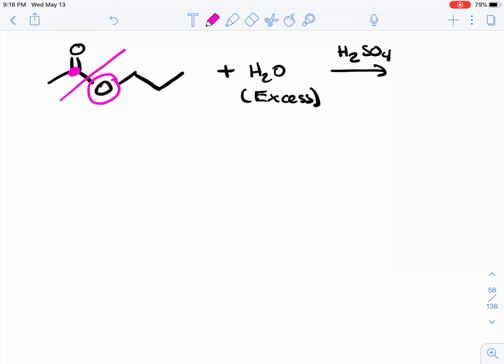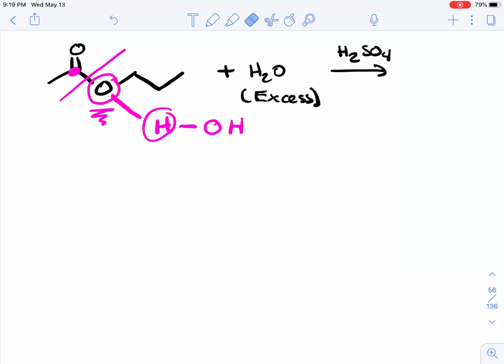And when it breaks, the ester oxygen is going to bind to one of the hydrogens from the water molecule. And so this hydrogen is going to link up to this oxygen.